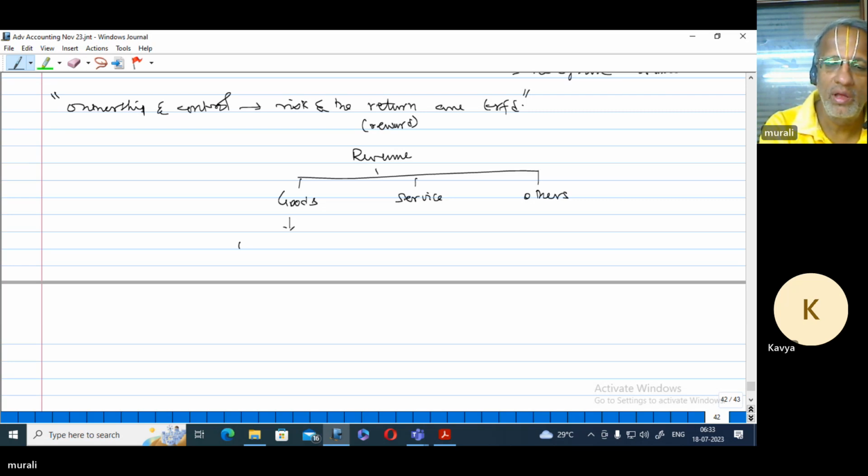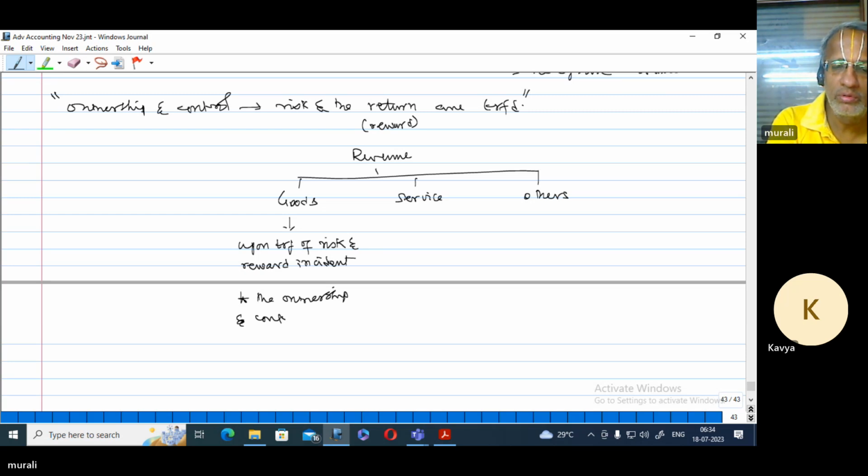Goods: upon transfer of ownership, or I would just say upon transfer of risk and reward incident to the ownership and control.